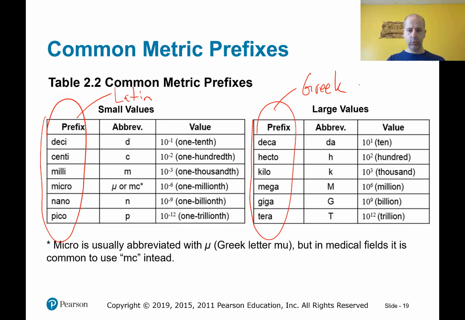Do I have that wrong? I think I might have these switched, but I'm pretty sure it's centi. Yep, I'm pretty sure that's right.